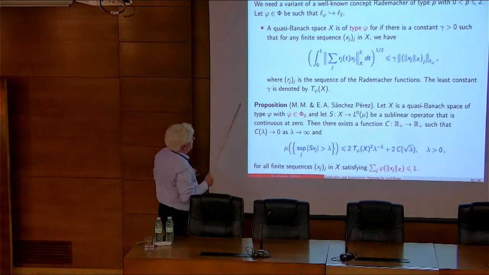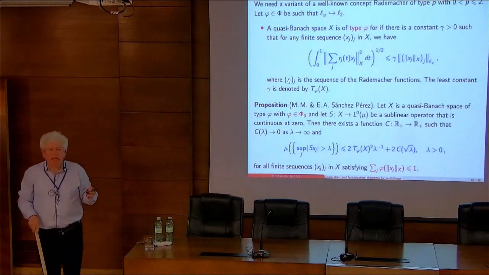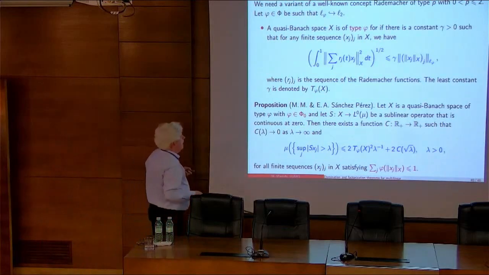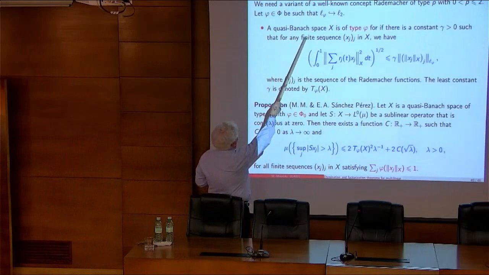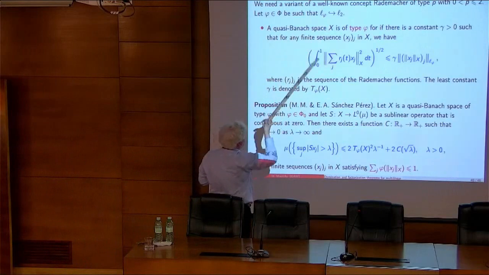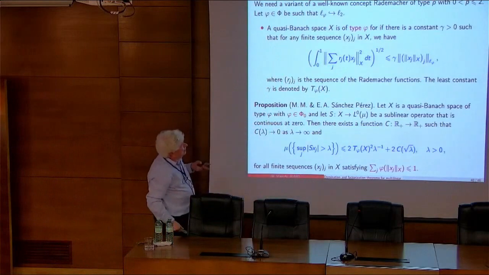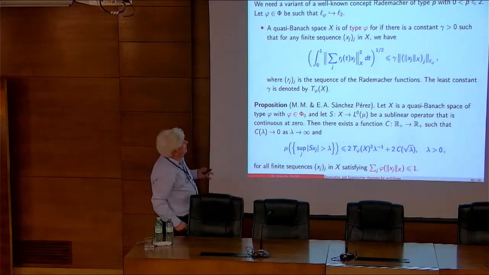So now we would like to see applications. Nikishin gave applications. Here there is a definition, which is an extension of the concept of Rademacher type or cotype in the LP setting.